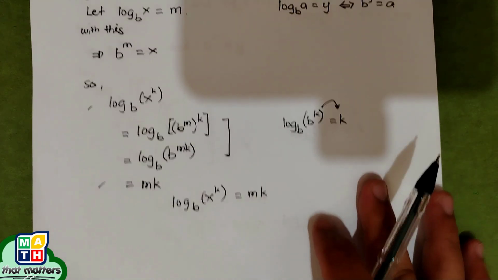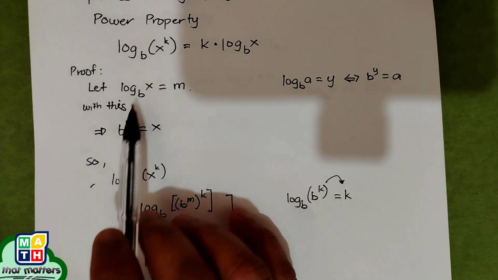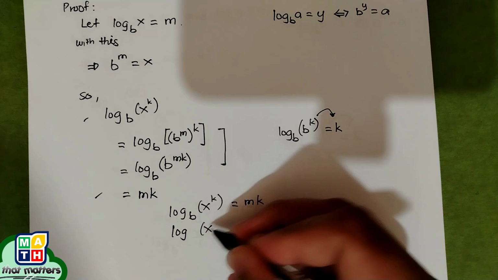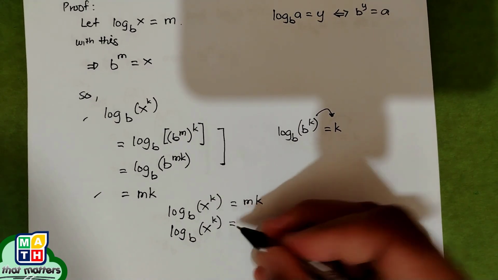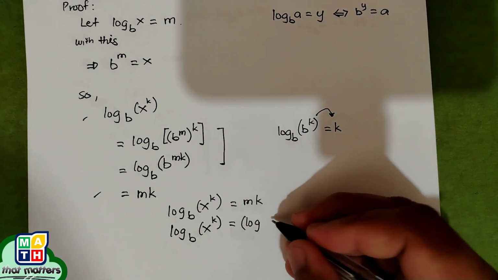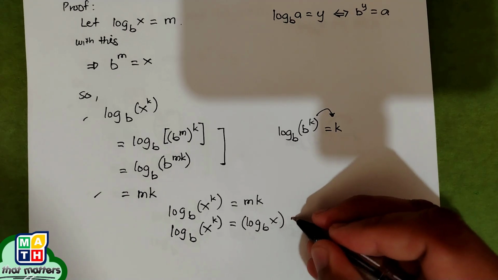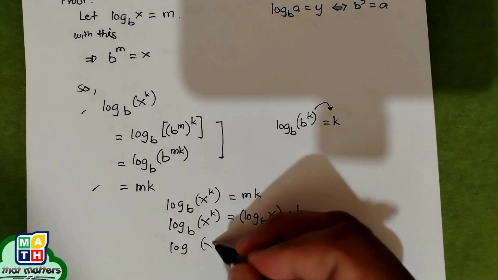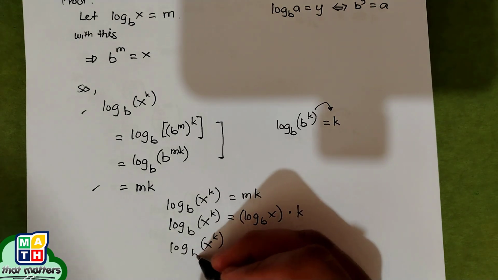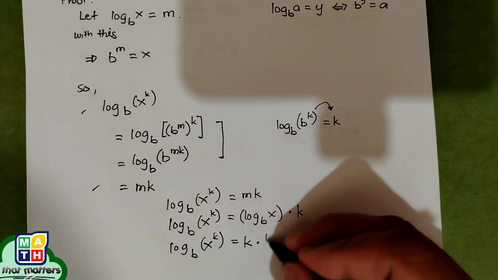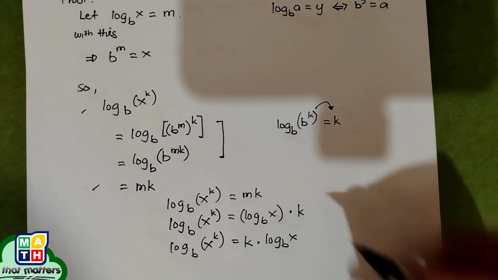But what was m? Going back here, m is actually the logarithm of x to the base b. By substitution, the logarithm of x to the power of k to the base b is equal to the logarithm of x to the base b, times k. Simply arranging them to match the property, the logarithm of x to the power of k to the base b is equal to k, the exponent, times the logarithm of x to the base b.